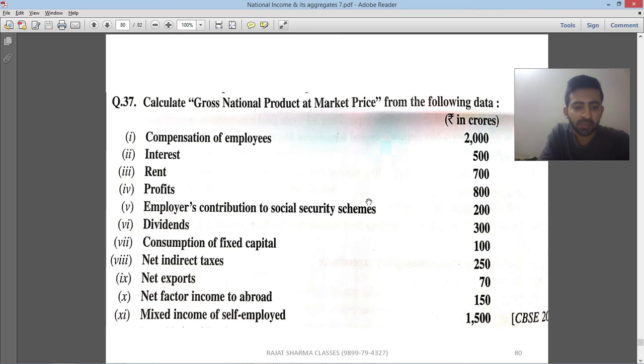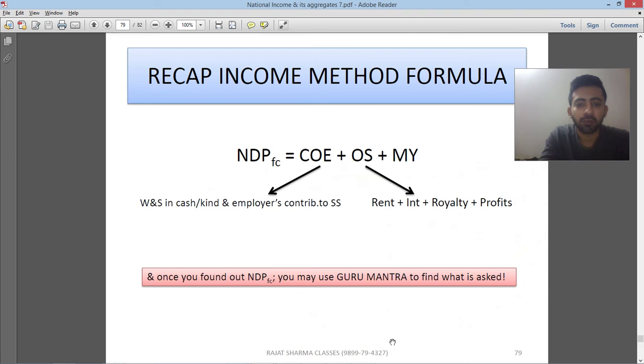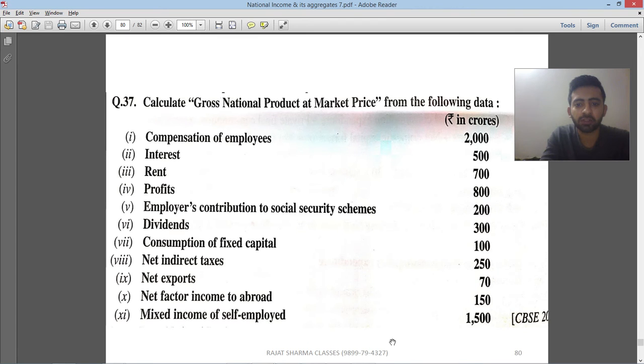The various elements are given to us. Please write down the formula. This formula: NDP at FC will be equal to COE plus OS plus MY. Compensation of employees, operating surplus and MY.